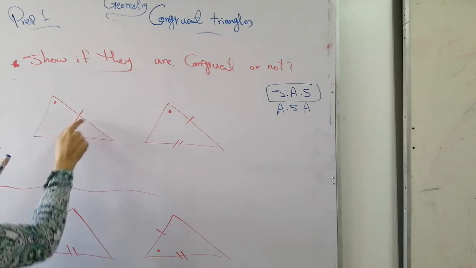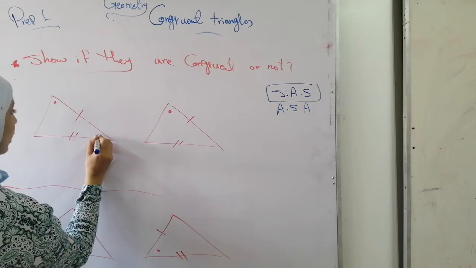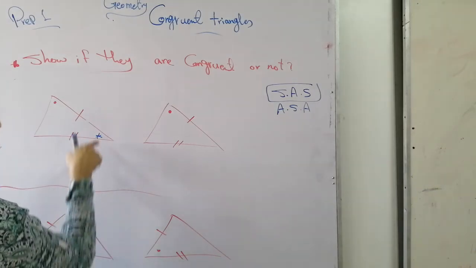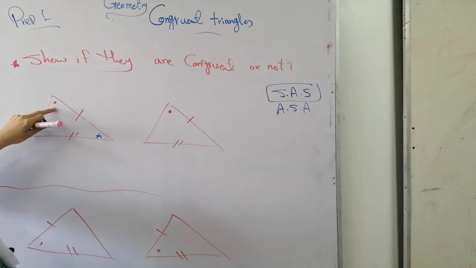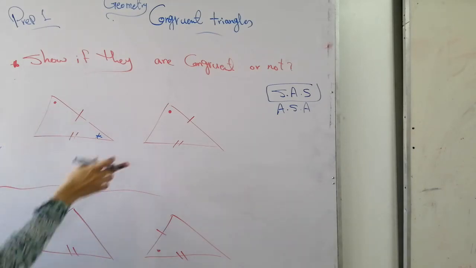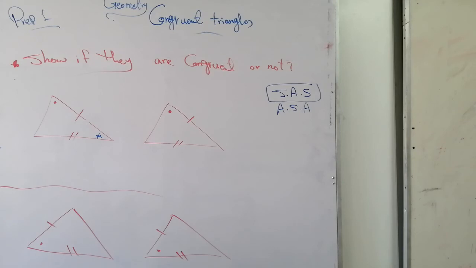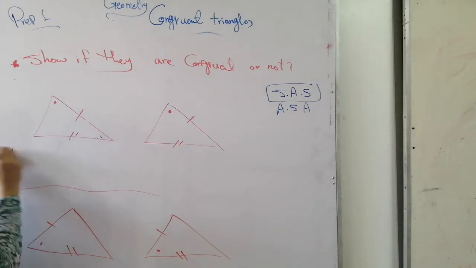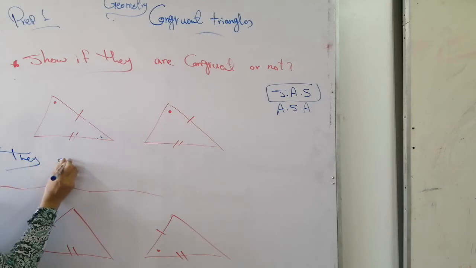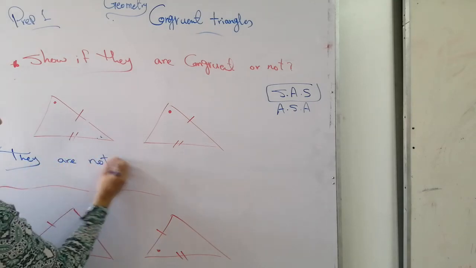The angle should be here, between the two sides. But is the angle here? No, he gave me this far angle. So these two triangles do not satisfy any case that we have taken. So they are not congruent.